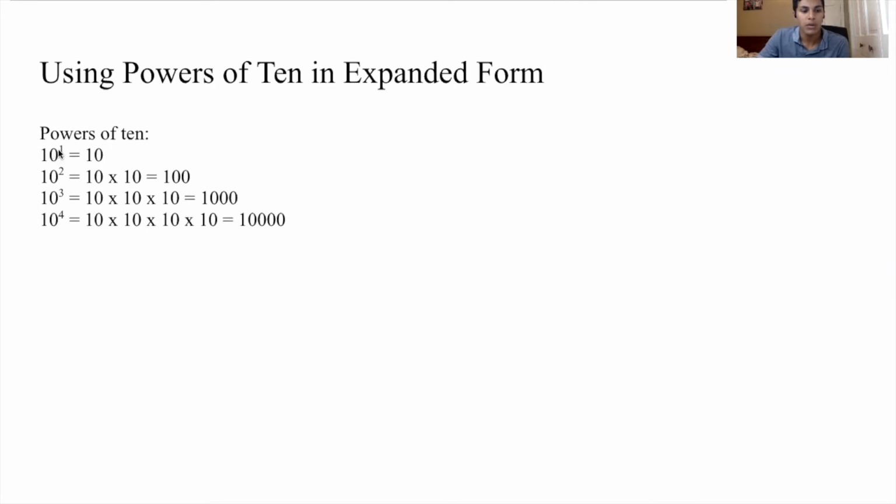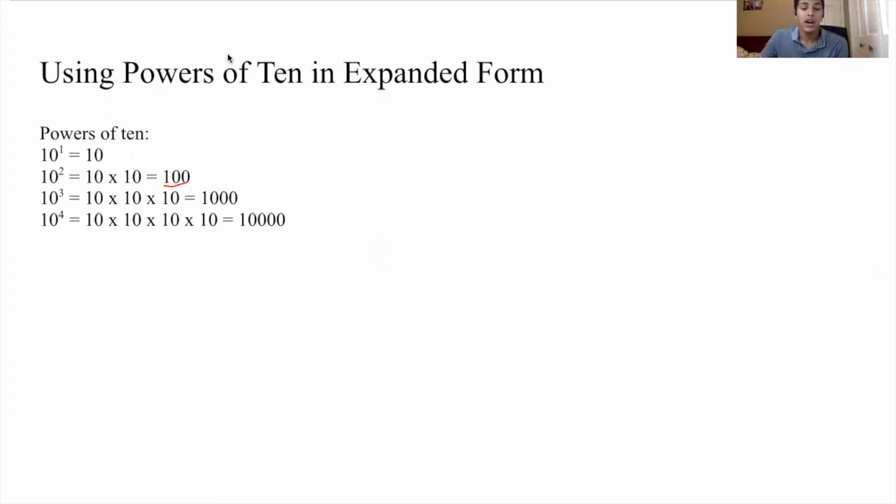So 10 to the power of 1 is just 10. 10 to the power of 2 means 10 multiplied by itself, which is 100. 10 to the power of 3 means 10 multiplied by itself 3 times total, 10 times 10 times 10, and that's 1000. And 10 to the power of 4 is 10 times itself 4 times total, which is 10,000.